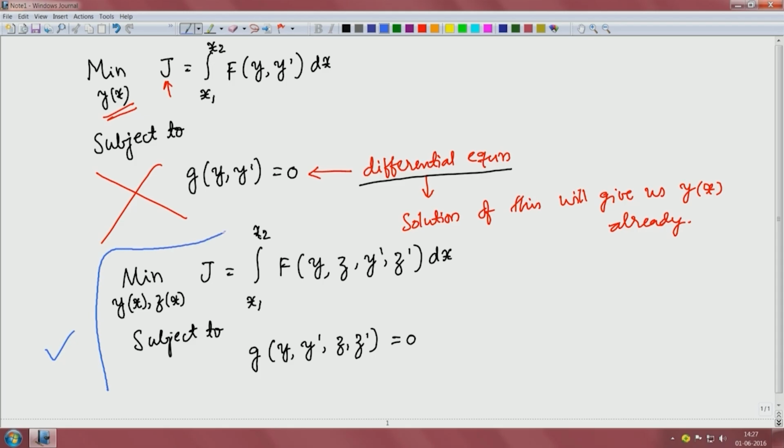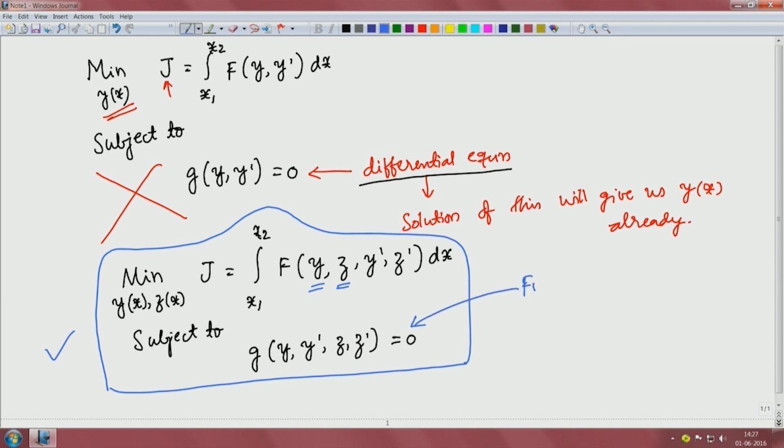The problem that we have here is proper because we have an integrand in the objective functional which depends on two functions y and z and their derivatives. There can be any number, that generalization we have already discussed. Likewise, we got one function type constraint, or we can also call it a local constraint.